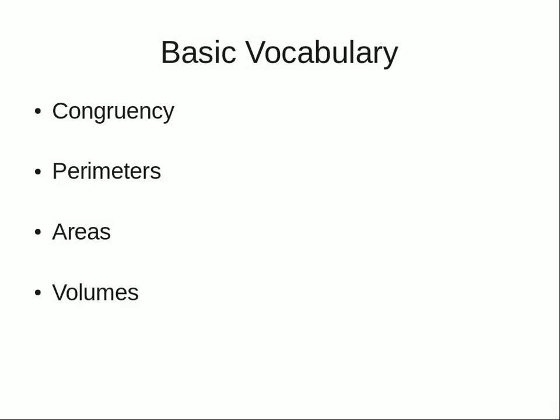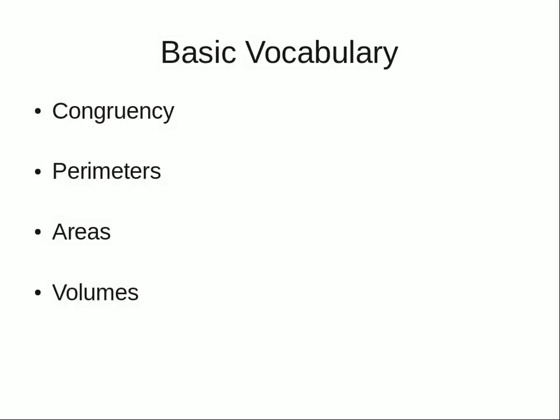More vocabulary words. Congruency, that's a property of two geometric figures, two geometric objects having the same size and shape. Perimeters, that refers to the length to walk around the edge of a two-dimensional object or shape or figure.